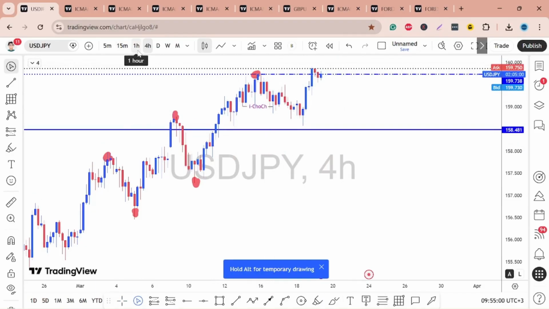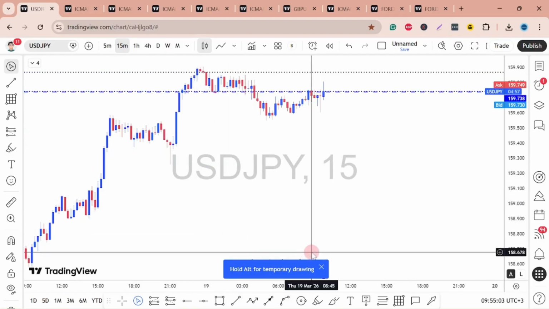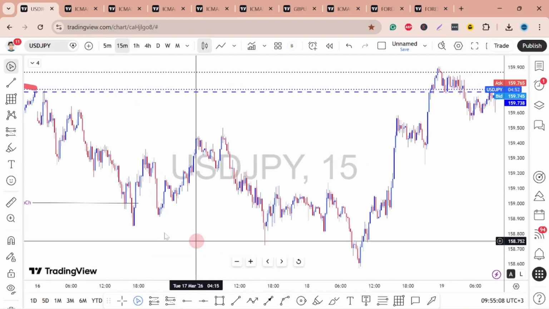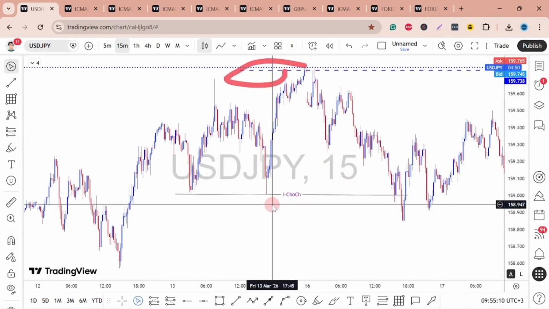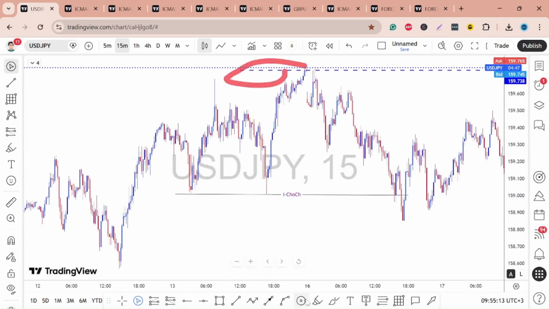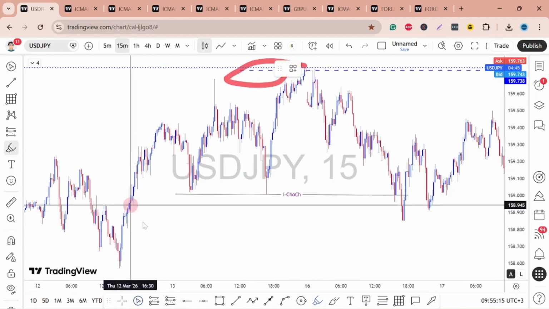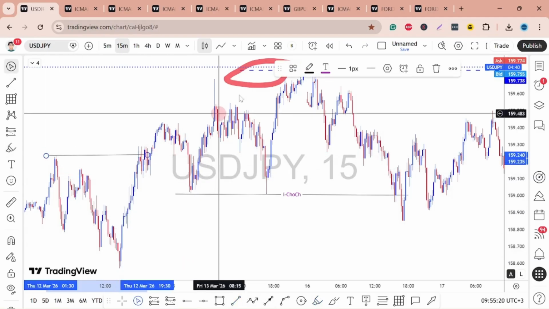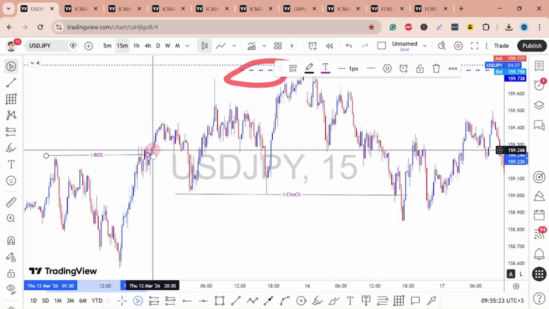Now I'll go down to the 15 minutes and show you how I was able to get that particular setup. Once you get down to the lower time frame, M15, you can have a good understanding of what the market is doing, and you can see the structures forming well. Now this is an internal break of structure.